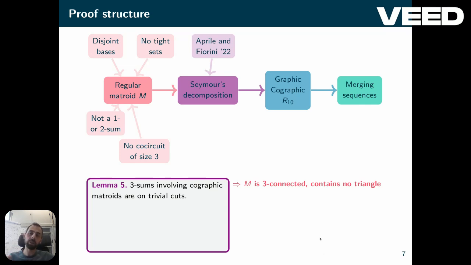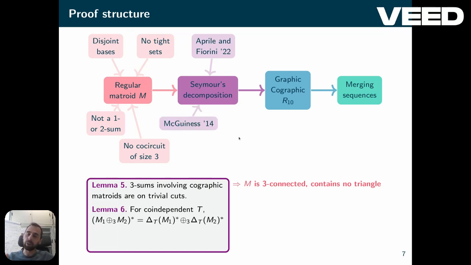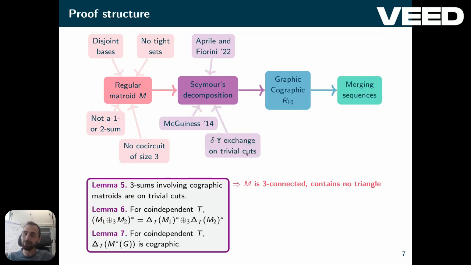I do not want to go into the details here, but the main point is that if you combine this refined version of Seymour's decomposition theorem, so the observation of April and Fiorini, an observation of McGuinness, and some technical lemma on the dual of a matroid obtained from a co-graphic matroid by some matroid operation that is called a Y-delta operation, we can identify a graphic matroid sitting at the end of the decomposition.